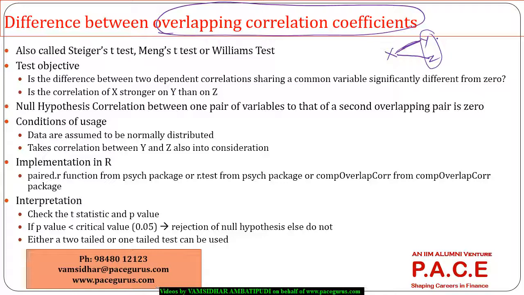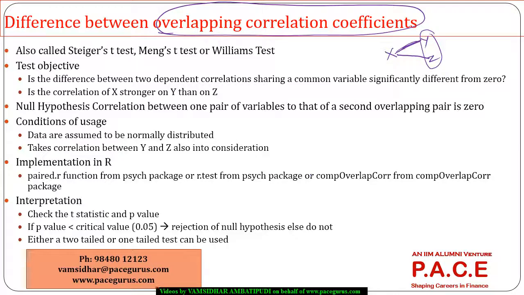So by considering that relationship between Y and Z as an additional variable, whereas in the earlier case we considered that relationship as constant. Now I want to look at the relationship by considering the kind of relationship that exists between Y and Z. I want to see whether X is strongly related to Y or X is strongly related to Z. So that's the thing that we are looking at.